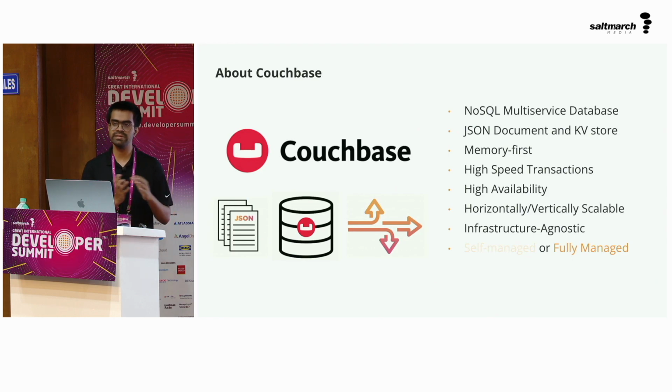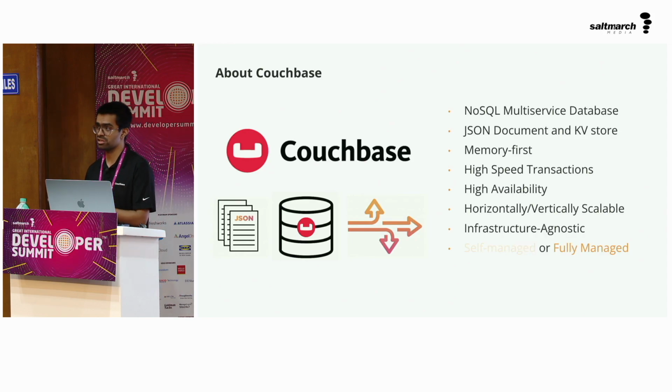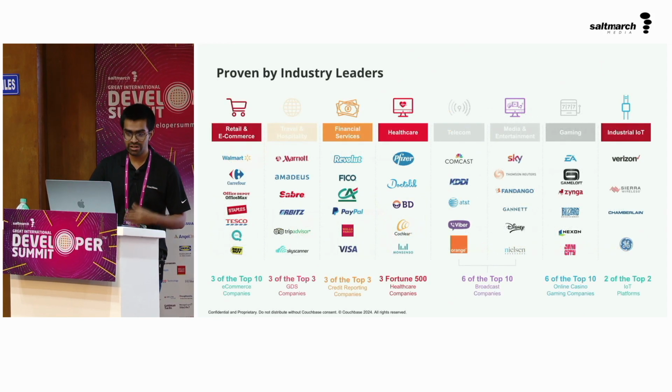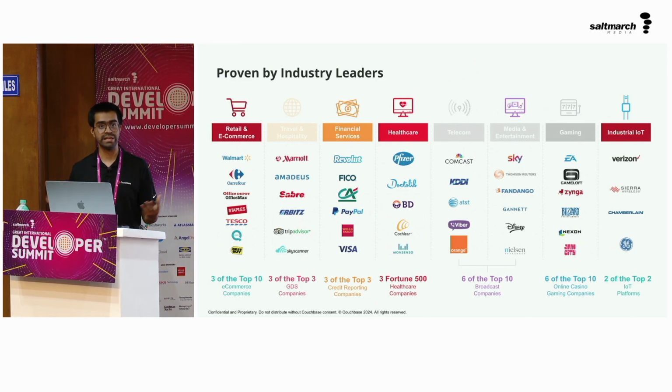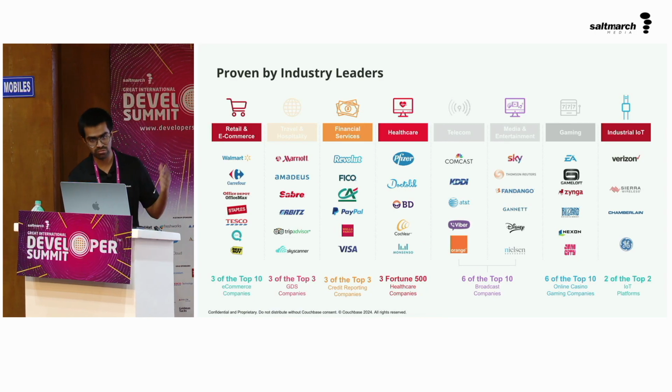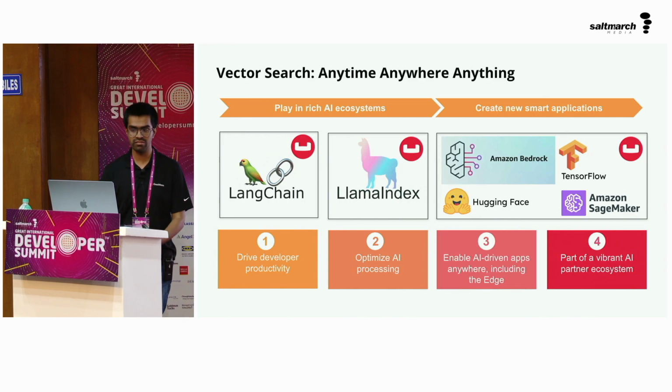But that doesn't mean that it's a relational database. It's still a NoSQL database, but it has those capabilities of a SQL database, like ACID properties. And of course, it's a fairly large database being used by a bunch of companies, just to point that out. But at the same time, it integrates really well with vector search.